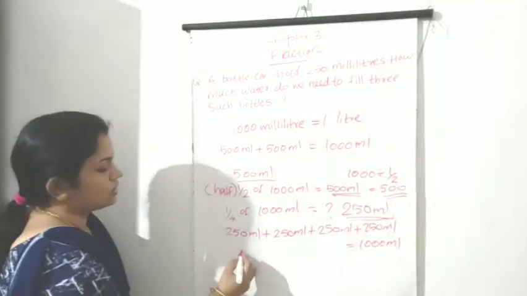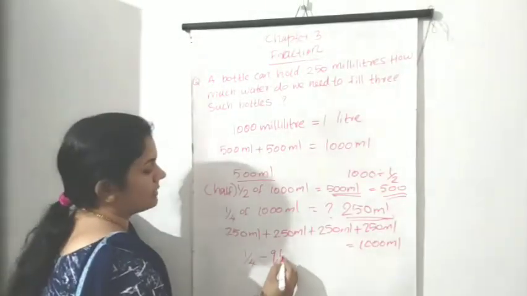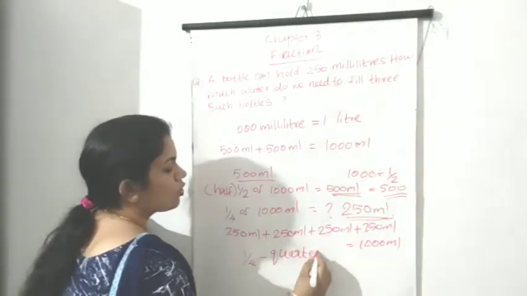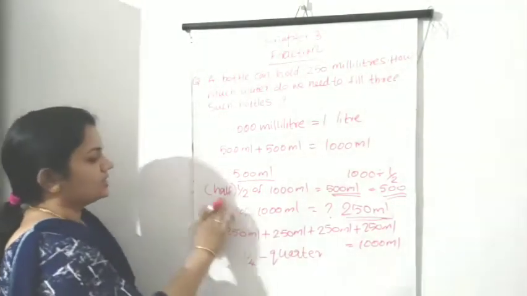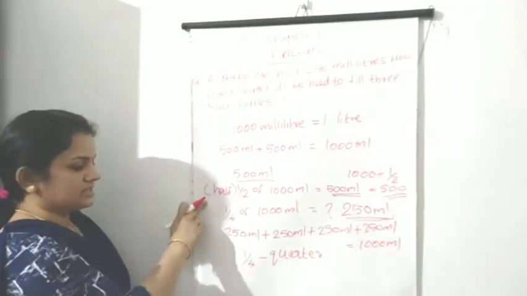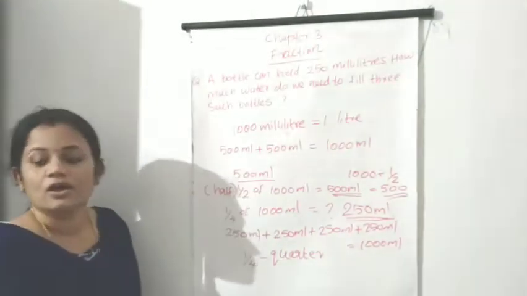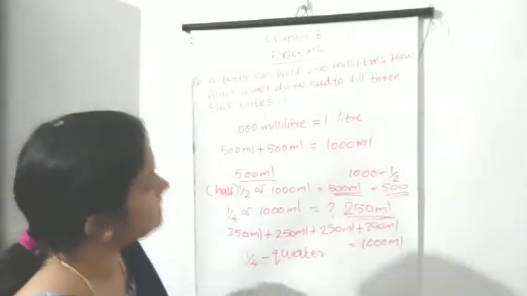So 1 by 4 means quarter. 1 by 2 means half. 1 by 4 we can say quarter. Understood all? So we conclude these problems.